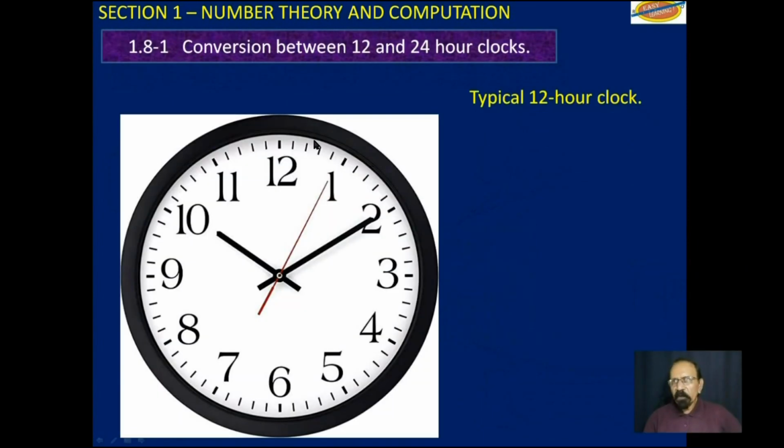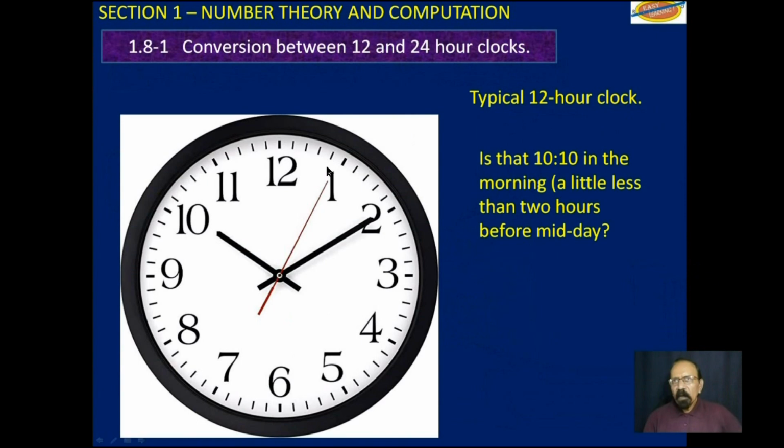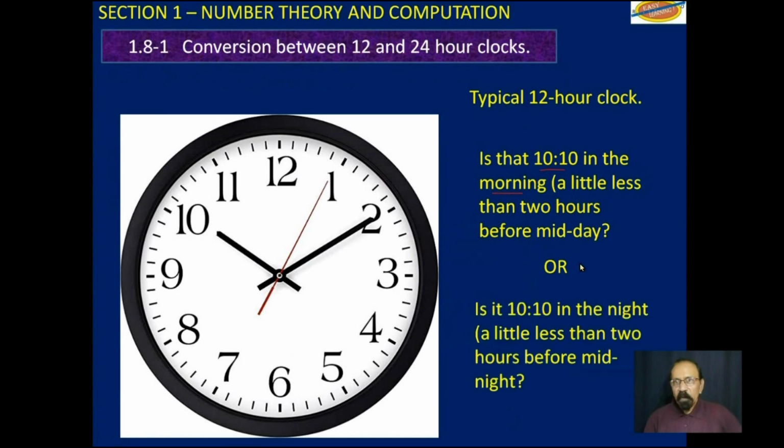This is a typical 12-hour clock you see here. What is the time shown here? 10:10. But is that in the morning, a little less than 2 hours before midday? Or is that 10:10 in the night, a little less than 2 hours before midnight?